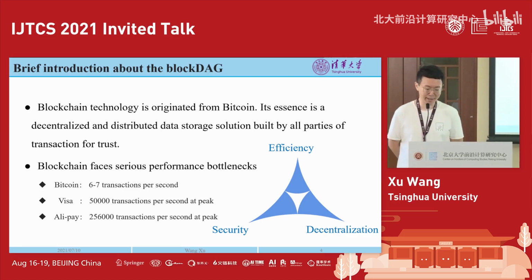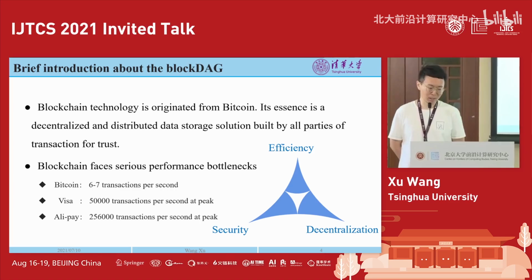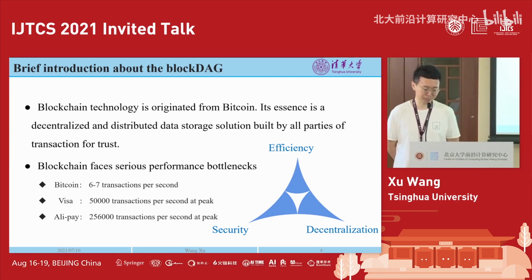In the triangle, there are efficiency, security, and decentralization. Nowadays, blockchain faces a very serious performance bottleneck. For example, Bitcoin can only deal with 6 to 7 transactions per second. As for Visa, it can deal with 50,000 transactions per second at peak. Alipay can deal with even more transactions than that.